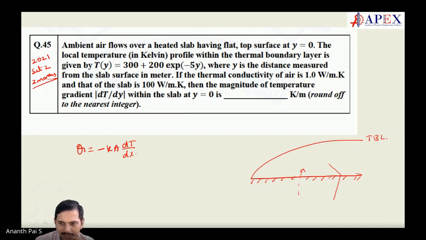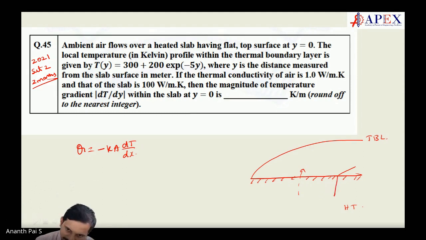I will write this, say high temperature. As it goes here, it goes to low temperature. Then dt by dy will be more here because this would be the slope.